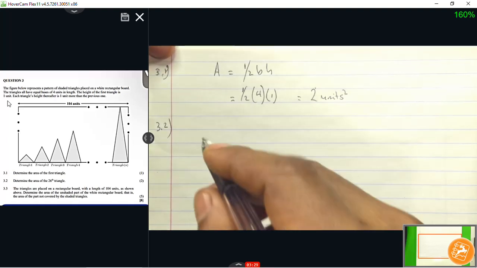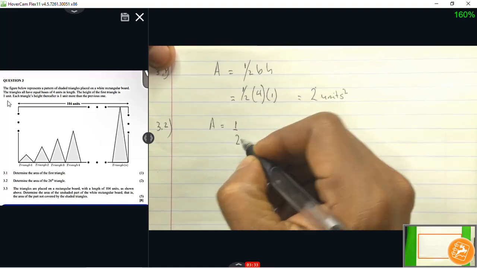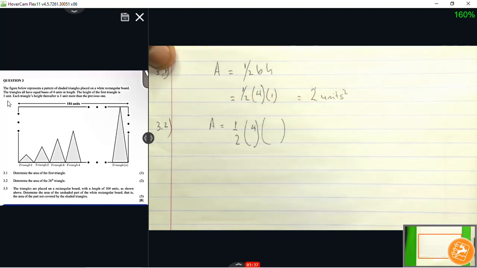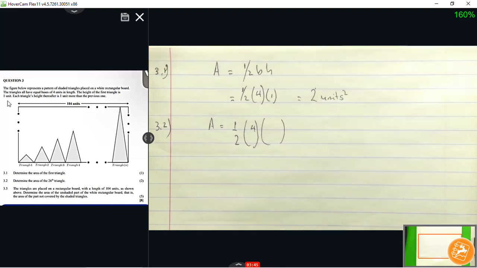Right, so here it means now I must have the same base, but the height will be different because the triangles get higher and higher. So let's see, what do they say about that.